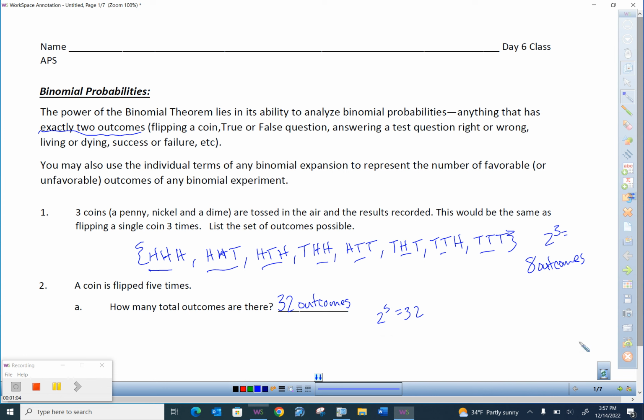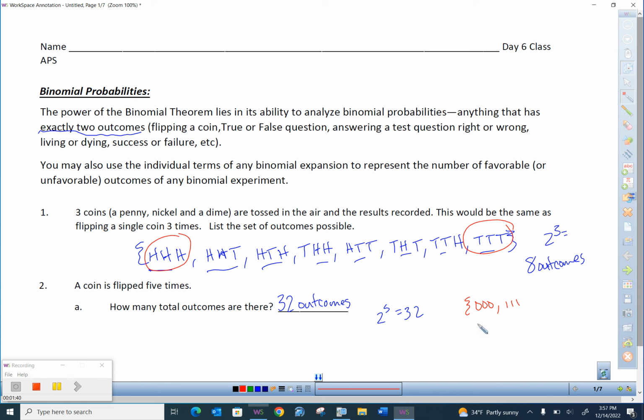So we're going to talk about probabilities today, and I'm going to compare it a little bit to what we did last time. Last time we were talking about shooting free throws, and we had a sample space that looked pretty similar to this. There were 8 outcomes if we listed them all, but we had miss, miss, miss, and make, make, make, and I'm going to compare that to heads, heads, heads, and tails, tails, tails.